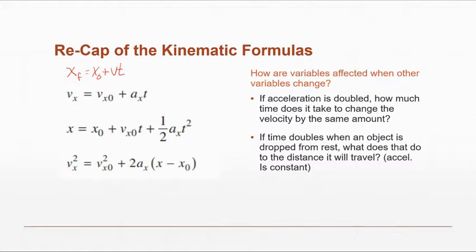If we look at them, we have Vx, or V final, equals V initial x plus Ax t. Then you have this one right here, which I like to rewrite as change in x equals Vx initial t plus 1/2 at squared.